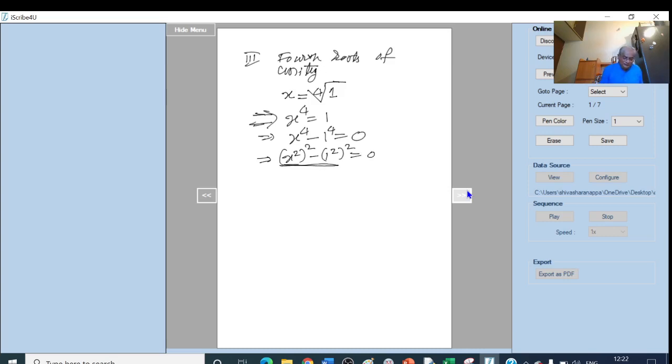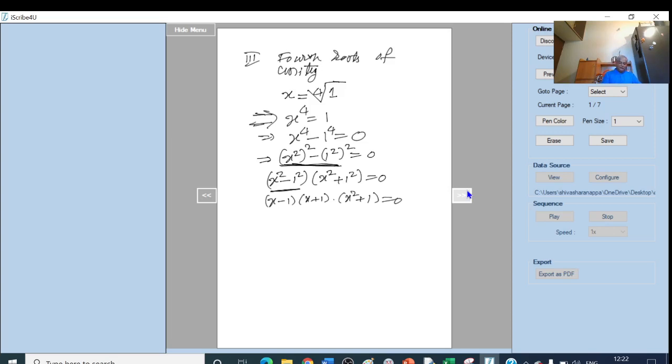And this is in the form of a square minus b square. A square minus b square can be written as a minus b into a plus b. What is a here? A is x square, b is 1 square. So (x square minus 1 square) into (x square plus 1 square) is equal to 0. So this is again, x square minus 1 square can be written as x minus 1 into x plus 1, into x square plus 1 is equal to 0.